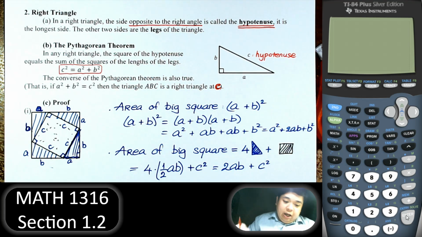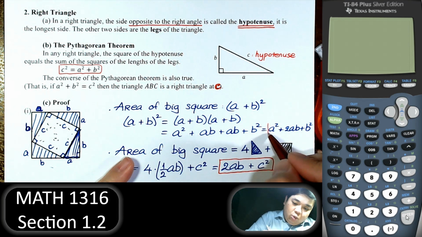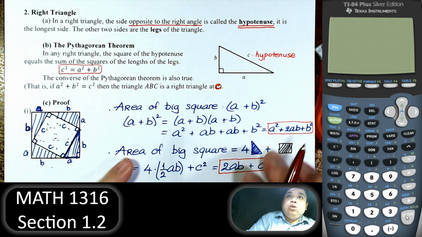Now, the area of the big square can be given by 2AB plus C squared, or A squared plus 2AB plus B squared. So those two are equal.